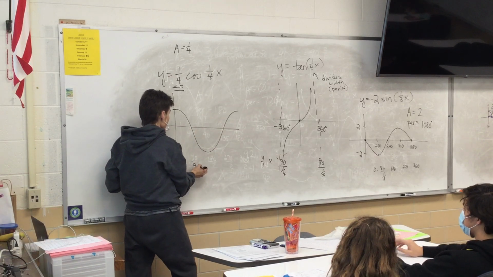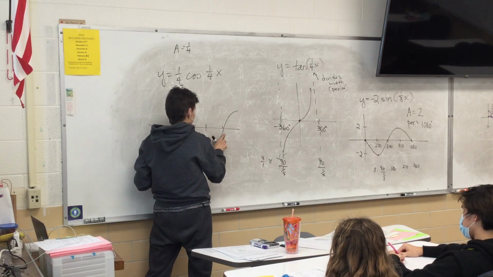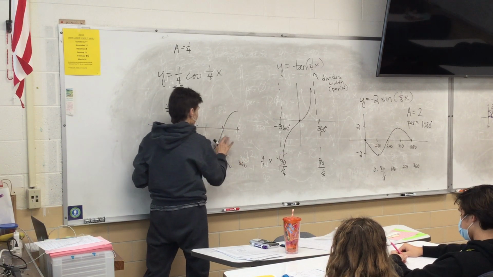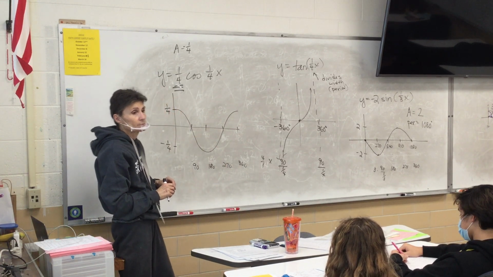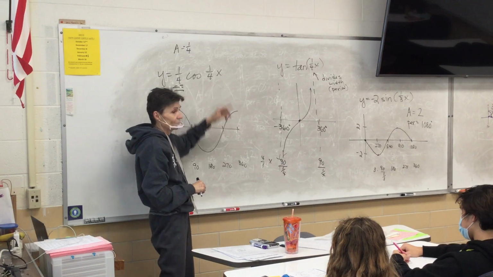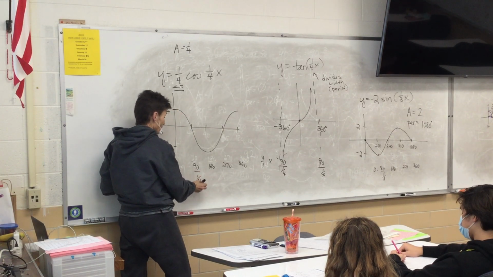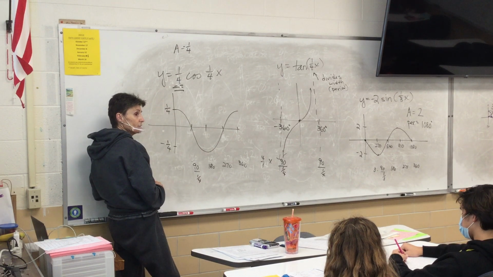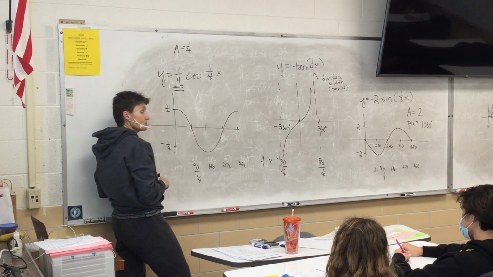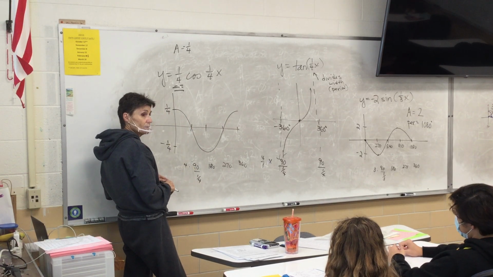These are supposed to be 90, 180, 270, and 360. But what did we do? We divided them by a 4th. That number multiplies, this number divides. So dividing by a 4th is the same as timesing by 4.